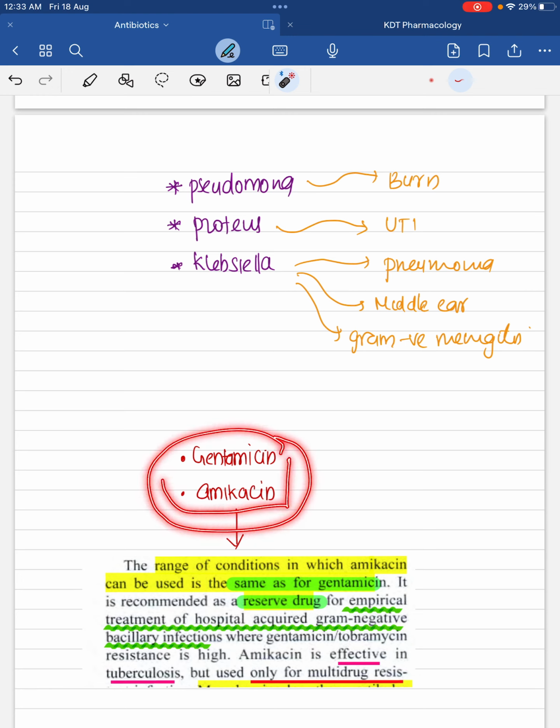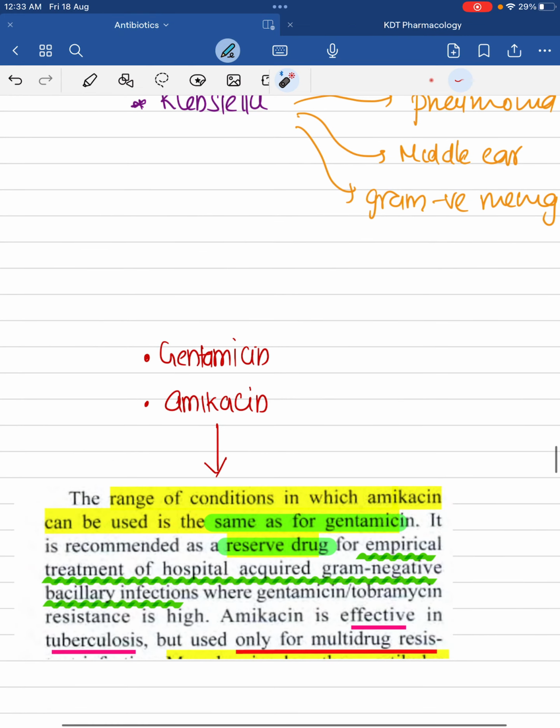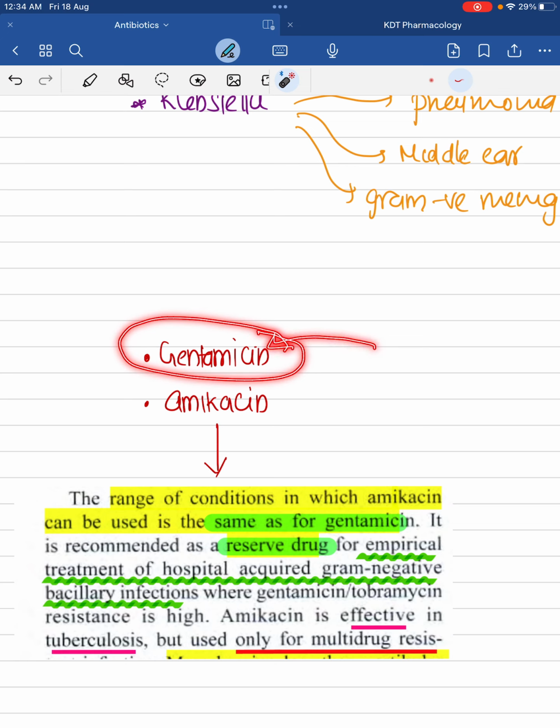Which will we be choosing, or which is the best option? Actually in Tripathi, our pharmacology textbook, they are advising that amikacin is a reserve drug, which is used when we think the bacteria is resistant to gentamicin, or when the baby has a hospital acquired infection.